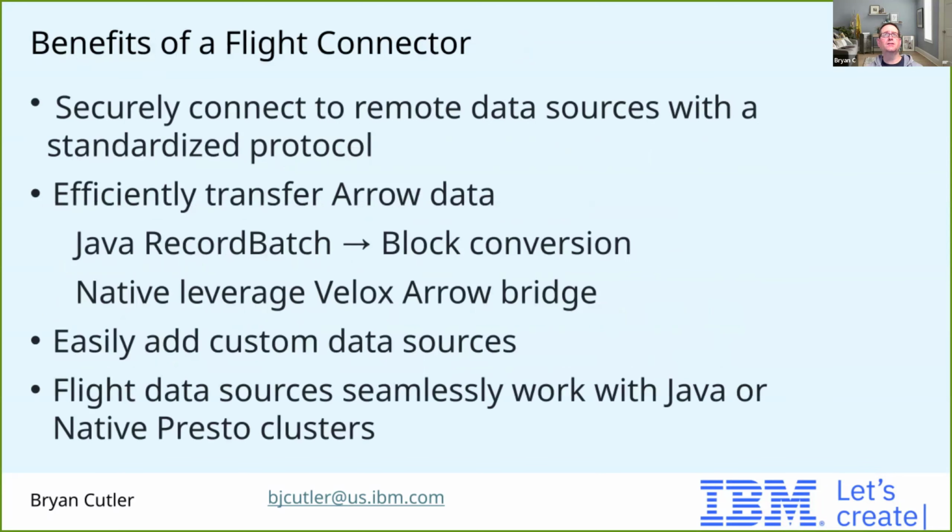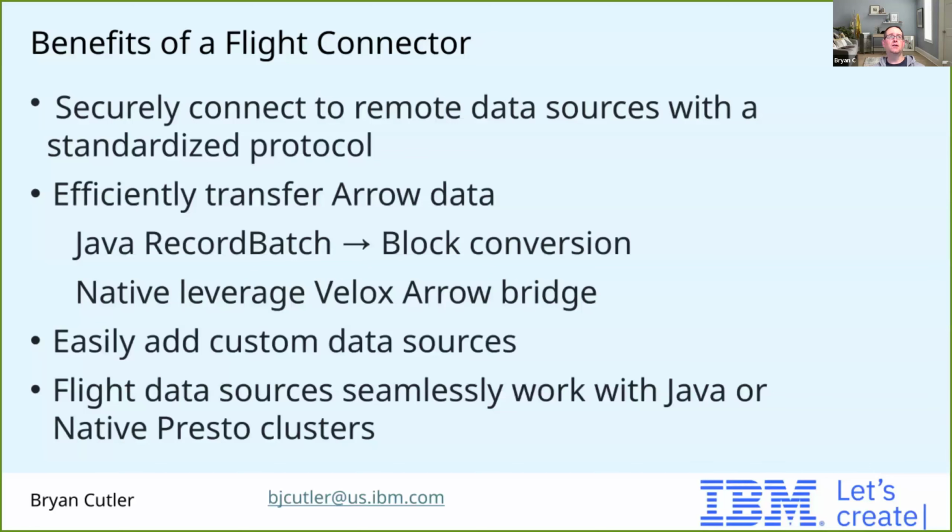So what the Arrow Flight connector brings to you, right out of the box, is a framework to securely connect to remote data sources using a standard protocol, exchanging standardized data. Working with Arrow data from a flight service to Presto is done very efficiently.